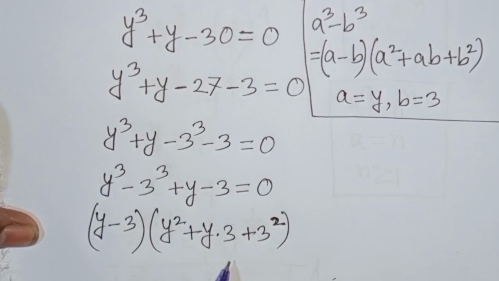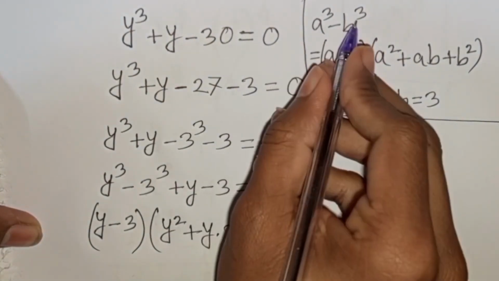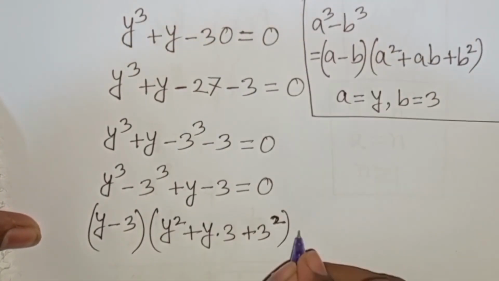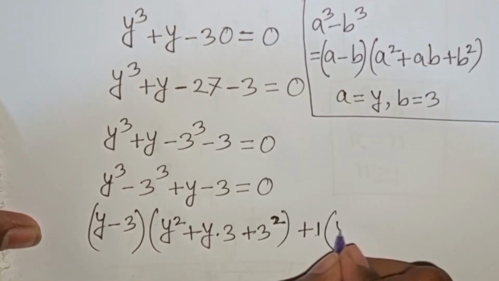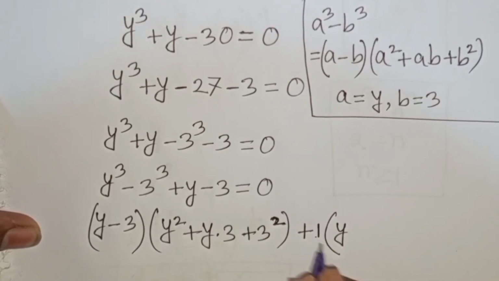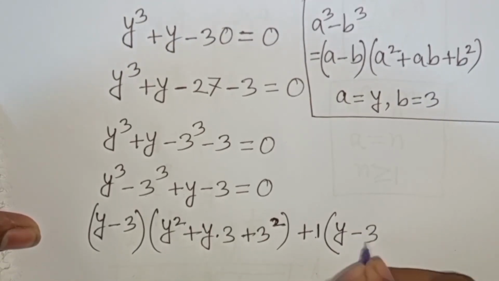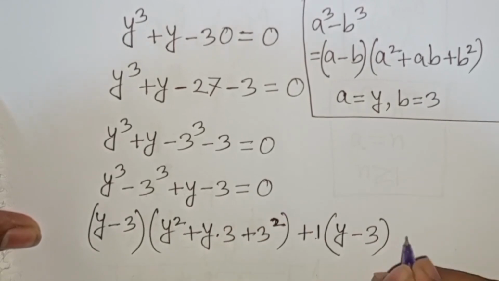That means this is the formula of a cube minus b cube. Then plus 1, here we take common, plus 1 is common, so plus 1 is out of the bracket, so this divided by this, that means it will be y minus 3 divided by plus 1, that means it will be minus 3, then bracket close is equal to 0.